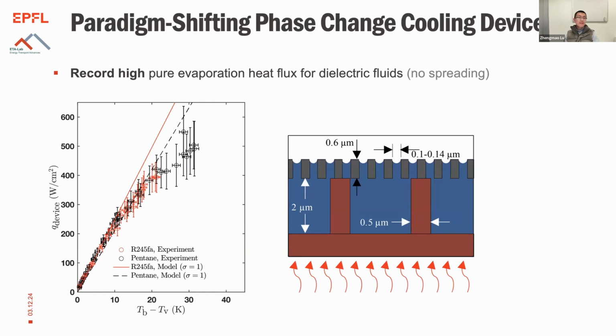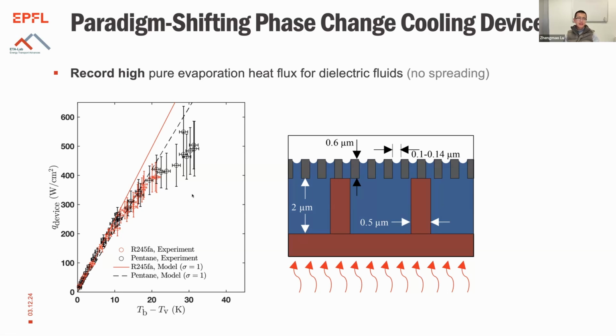Here, the y-axis, as I said, is heat flux normalized over the whole device area, and the x-axis is the temperature difference between the backside of the device and the vapor in the chamber. The data are for R245fa and pentane, two dielectric liquids.